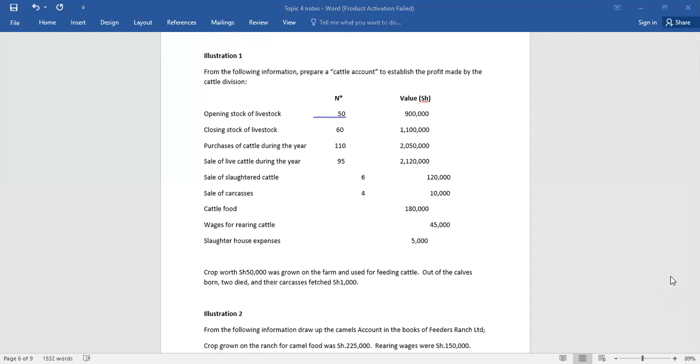Well, in our working, this is simple. When you are working, we know the items that are supposed to be debited and the items that are supposed to be credited, isn't it? So I want you in your worksheet. Have you opened a worksheet? You have a book and a pen? Because I want us to go together.